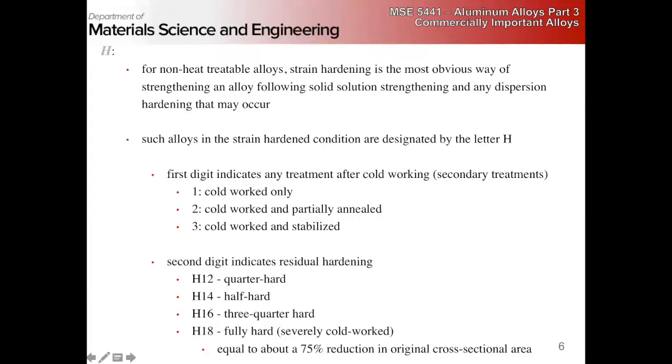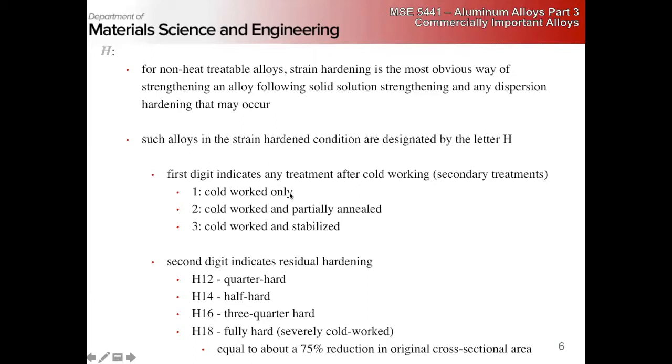So H, particularly for non-heat treatable alloys that are in the solid solution strength state, strain hardening is the most obvious way. H stands for hard or hardened, and it's the strain hardened condition designated by H. The first digit indicates any treatment after cold working.